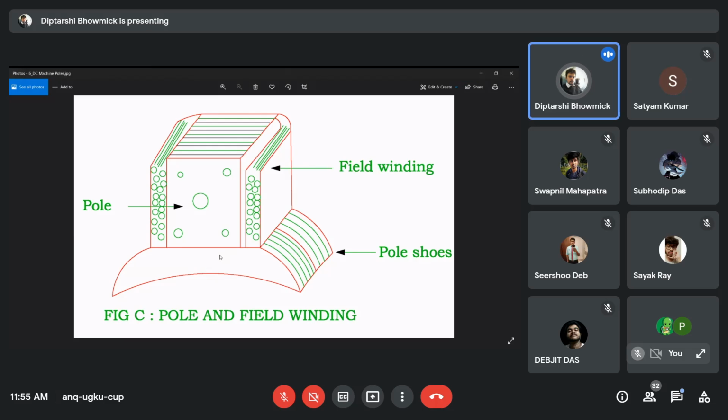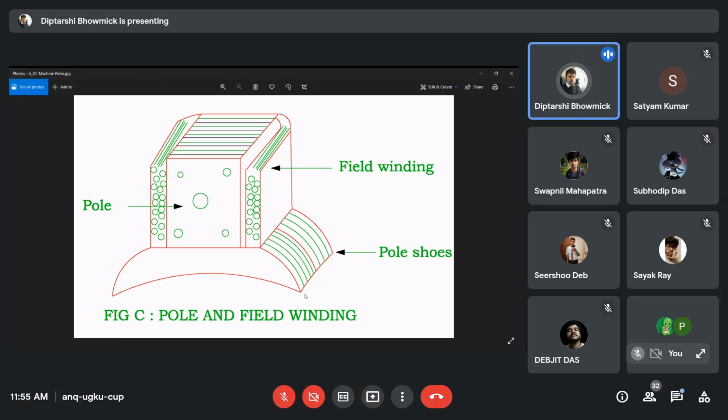Bevel means basically that inside, there is a groove and the edges are carved, and they are at a higher level than the base. So the bevels are things that are more prominent than the others. So yes, the pole has the bevels, and this is known as the pole shoe.